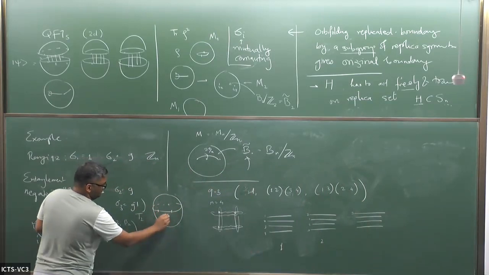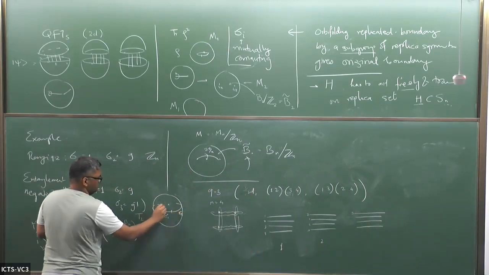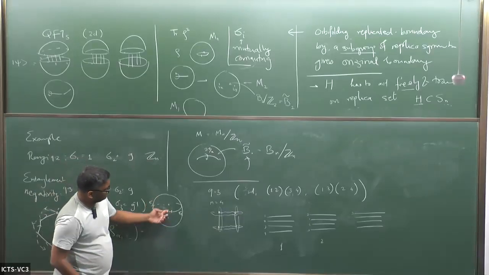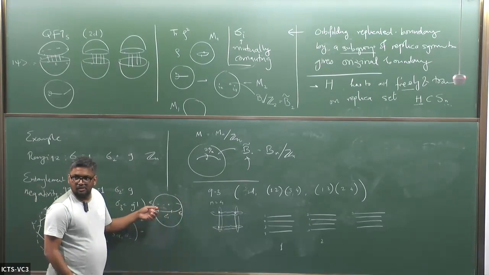Right. So here I have sigma 1, sigma 2, and sigma 3, and I'm just showing the ramification structure on each region.